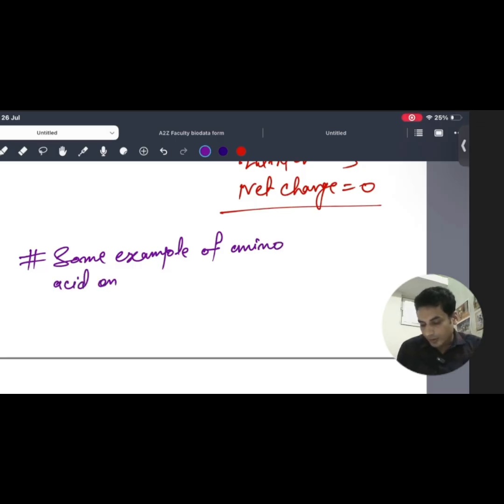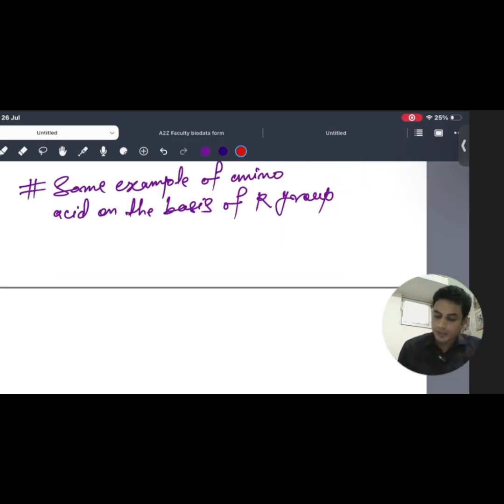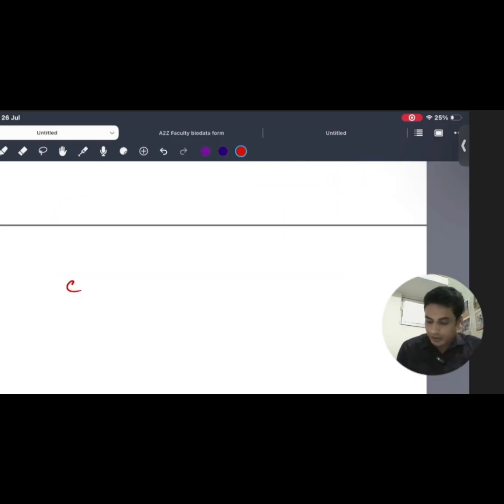First example: this is the carboxyl group, COOH, this is the amino group, NH2, and this is hydrogen.